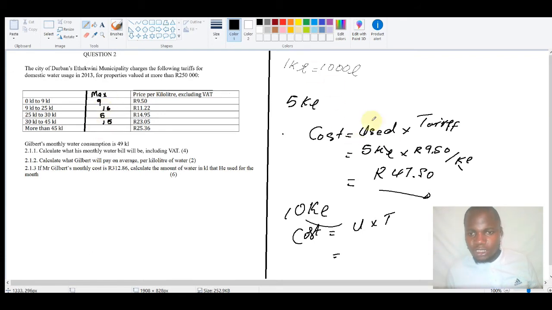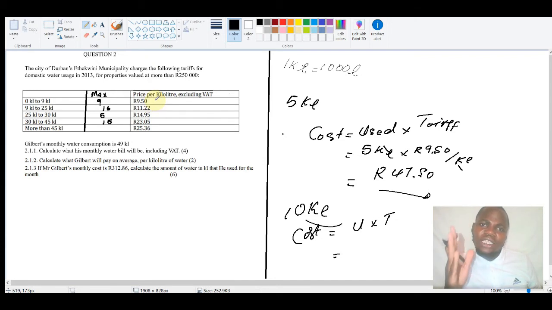So in this case, you have 10 kiloliters of water. Go to the first range, the maximum. According to this tariff table, the maximum that can be charged in the first range, between 0 and 9 kiloliters, is only the first 9 kiloliters, charged at 9 rand 50 per kiloliter.